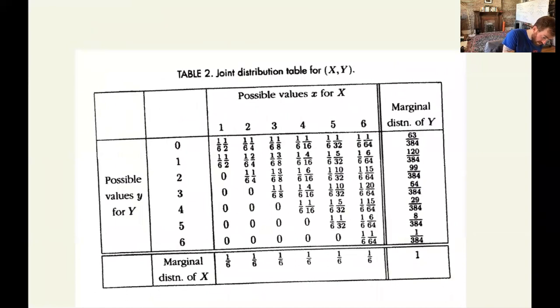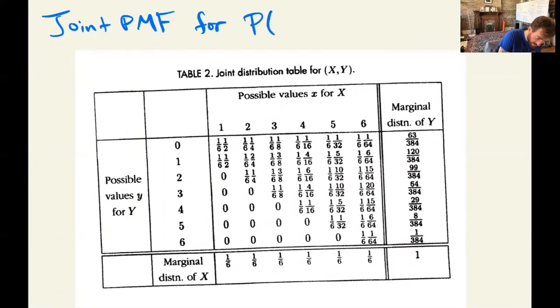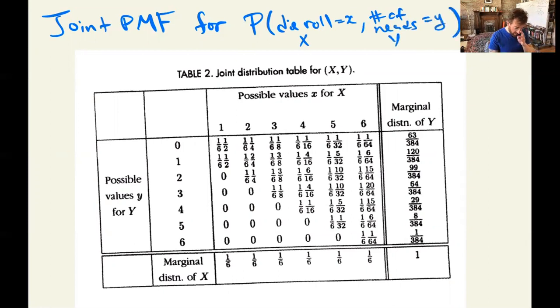All right, so now this is the joint PMF for the probability that the die roll, let's call that X, is equal to little x, and the number of heads, which we call Y, is equal to little y, over all possible values of little y and little x.